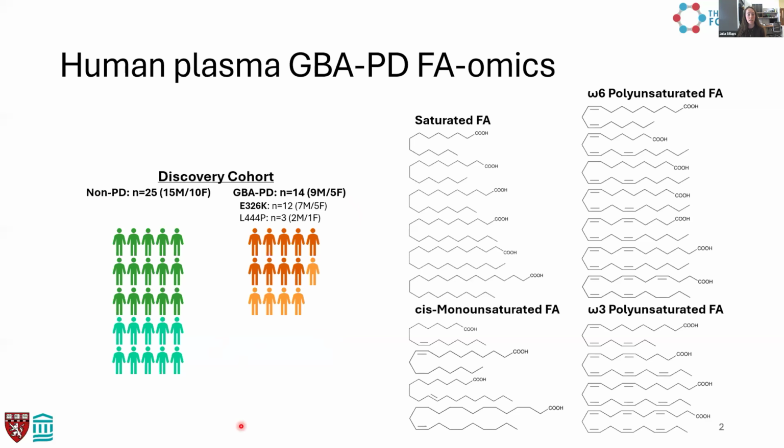On the left here, you can see the discovery cohort of plasma that I will be talking about, our preliminary results from this cohort. And on the right, you can see the panel of saturated fatty acids, monounsaturated fatty acids, omega-6 polyunsaturated fatty acids, and omega-3 polyunsaturated fatty acids that we quantify for this profiling.